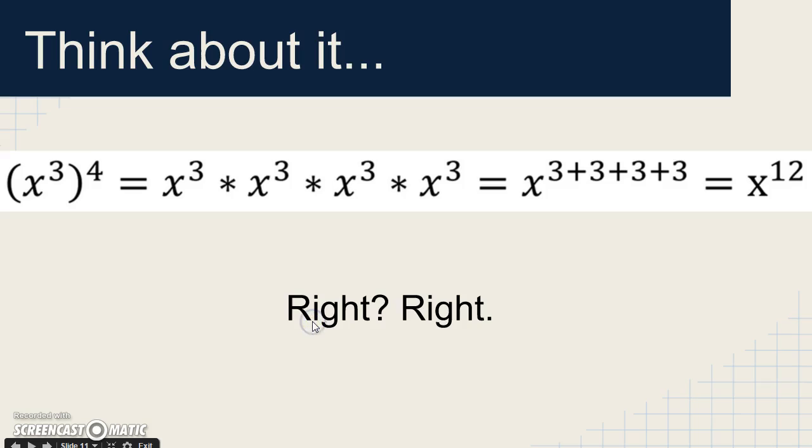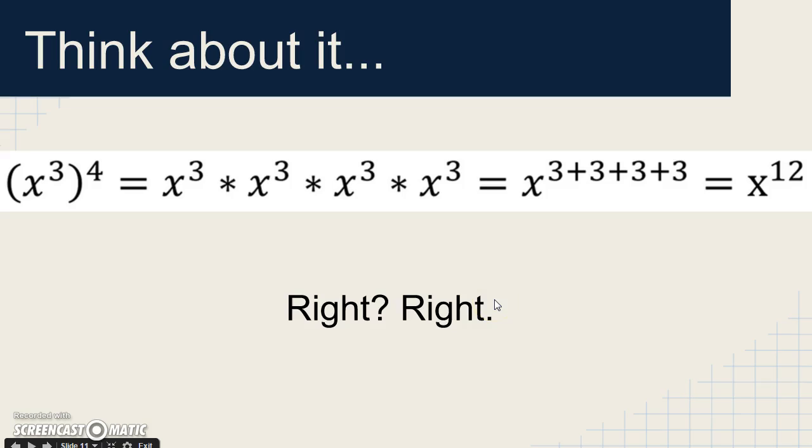why? Well, let's think about it. If we start off with x cubed to the 4th power, well, we take it to the 4th power, that means we're taking what's inside the parentheses and multiplying it by itself 1, 2, 3, 4 times. So we have x cubed times x cubed times x cubed times x cubed, and since we now know with multiplying exponents we're just adding the powers, that means x to the 3 plus 3 plus 3 plus 3, because they all have the same base, so we can do that. 3 plus 3 plus 3 plus 3 is x to the 12th power, right?